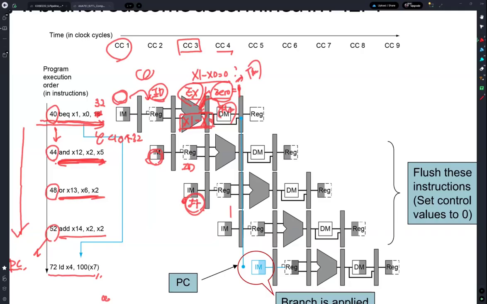So the result of a branch is determined when the branch instruction is in the memory stage.